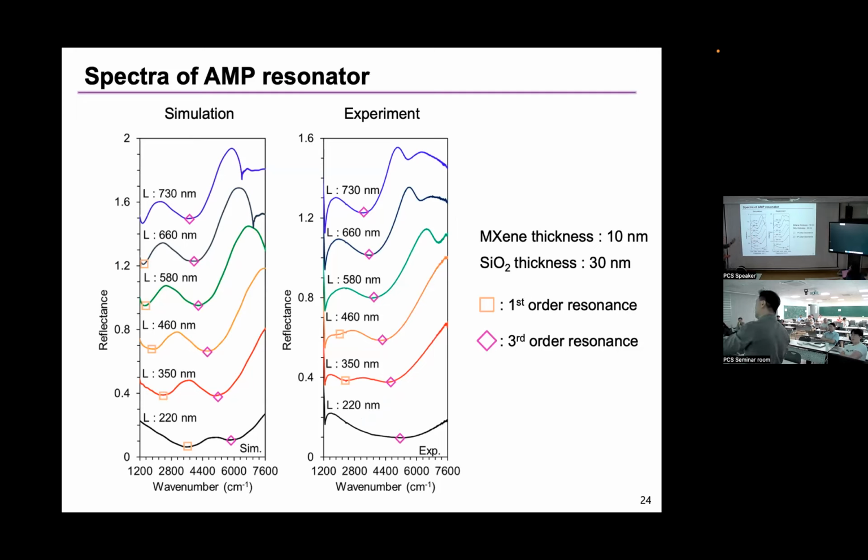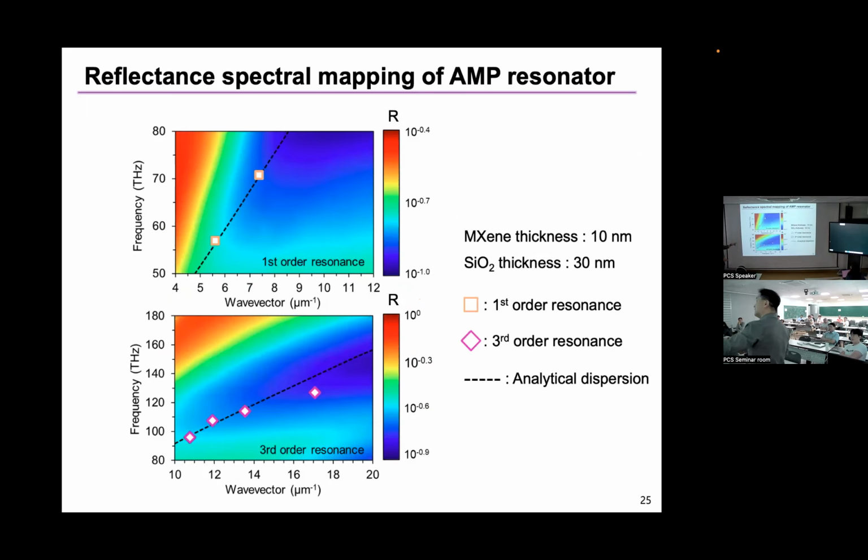Okay, so the resonance is generated from the plasmonic model. Clearly, we see that the acoustic MXene plasmon model exists in the form of plasmons in the AMP structure.